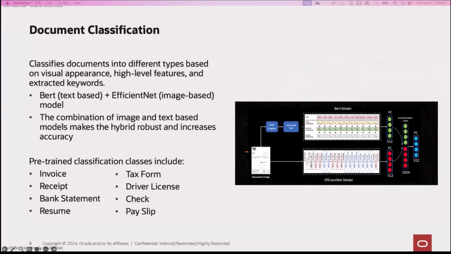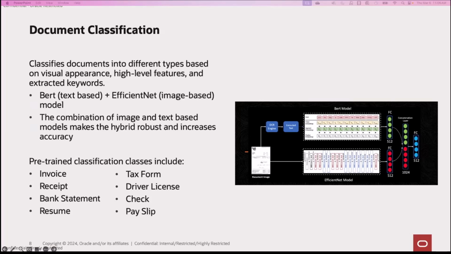Let's think about another use case, document classification. Document Understanding Service provides different possible document types, and it will analyze the documents. Each document will have a specific confidence threshold.